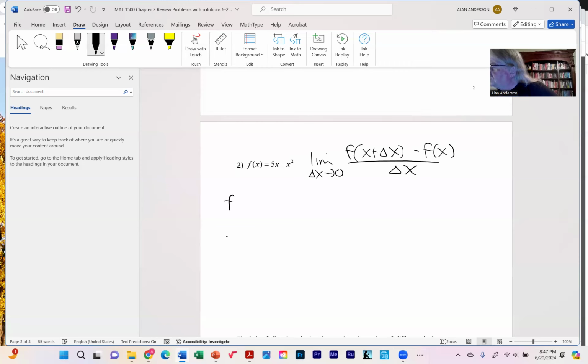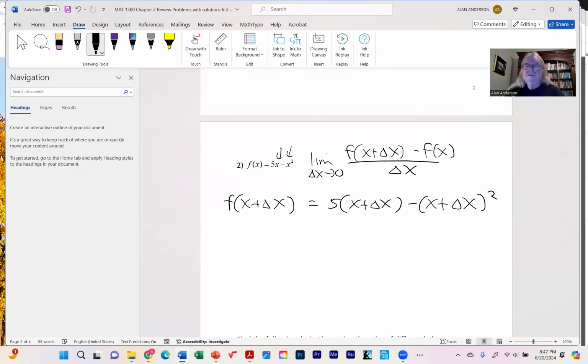So once again, we might as well just go ahead and figure out what this is equal to. So we'll have 5 times x plus delta x. Remember, we're taking all these x's and replacing them with x plus delta x. All right, so it's going to take a little while, but we'll get this. Now, the x plus delta x squared we just got through seeing.